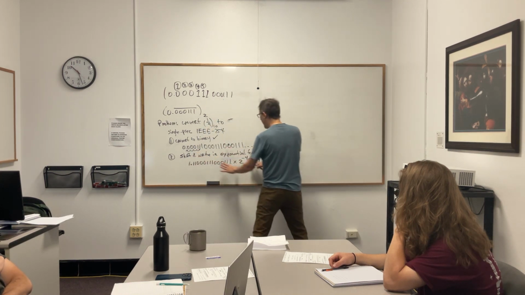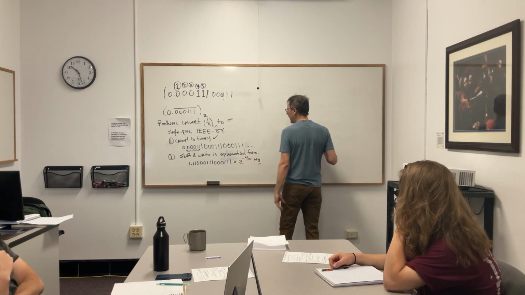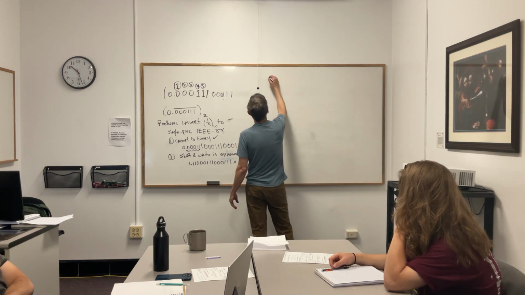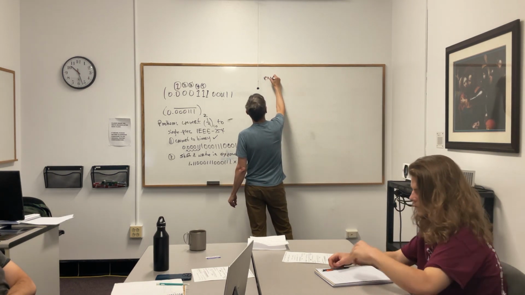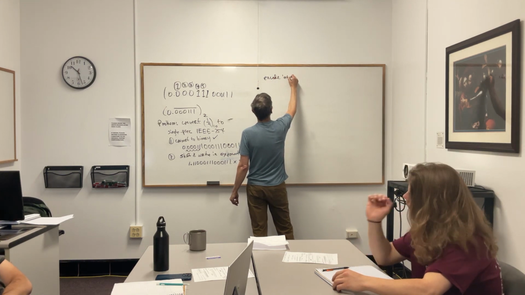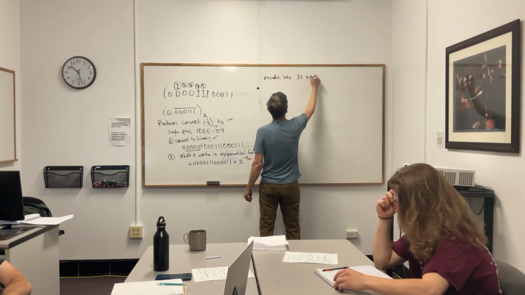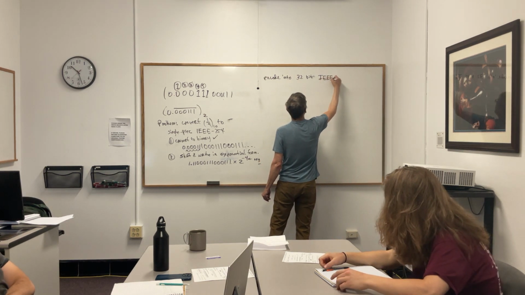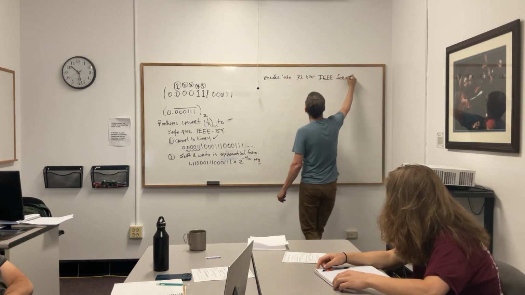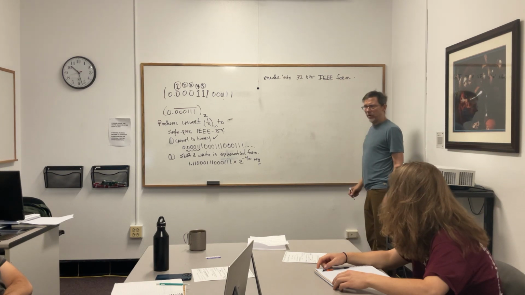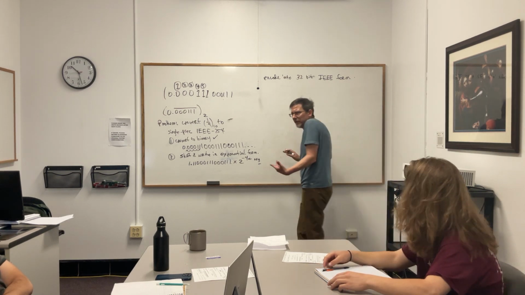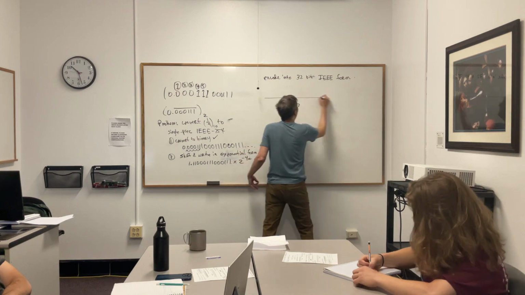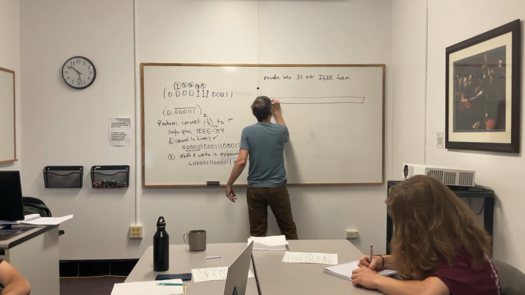So once we've got this, really the hard work is done. Now we're going to encode into 32-bit IEEE. The way I do this is I lay the bits down, and there's one little caveat I haven't said yet.